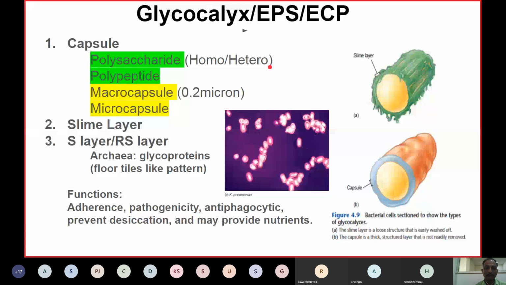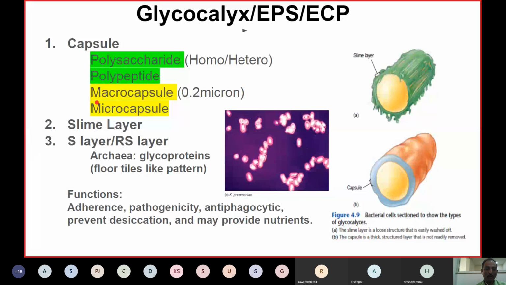So capsules present outside the bacterial cell wall may be made up of polysaccharides, which can be homopolysaccharides or heteropolysaccharides, or of proteins known as polypeptides. So capsules can be divided on the basis of composition as polysaccharides or polypeptides.